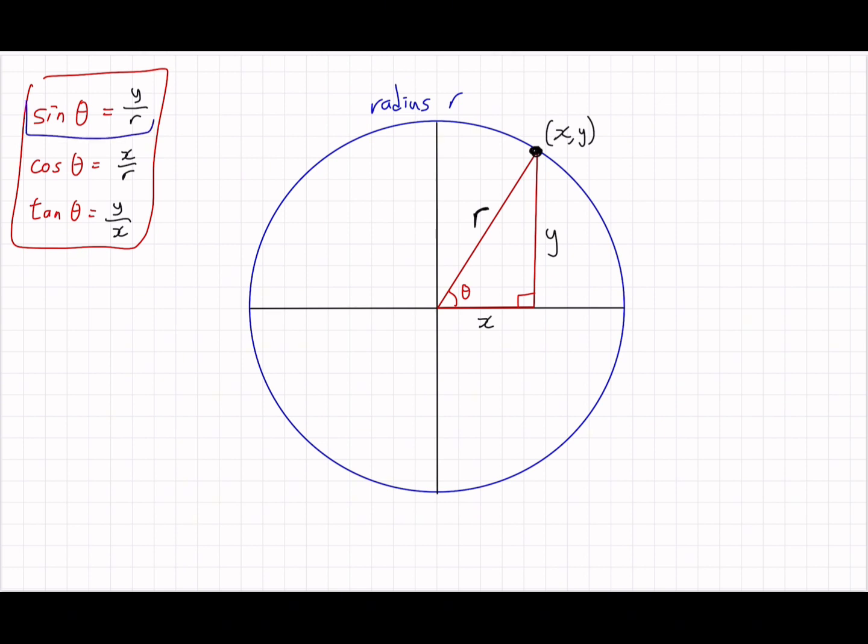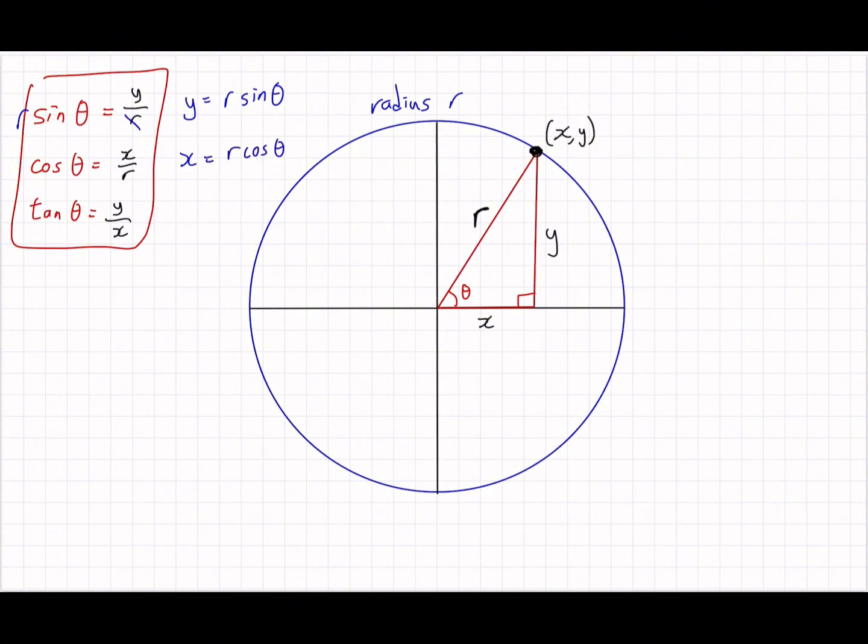For the first one, sine theta equals Y over R. We can multiply R to both sides. That means Y equals R sine theta. Do you guys get that? We just multiplied R to both sides. We did the same thing for cosine: X equals R cosine theta.